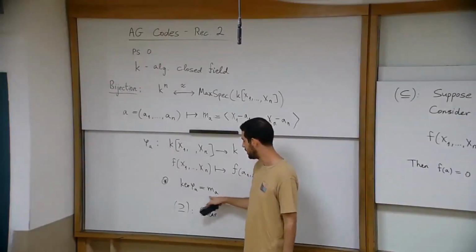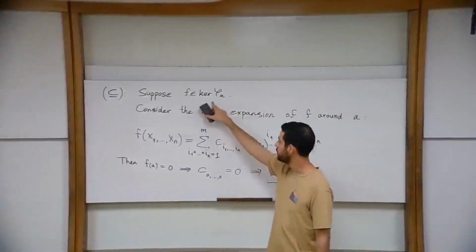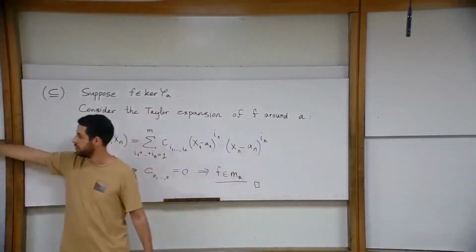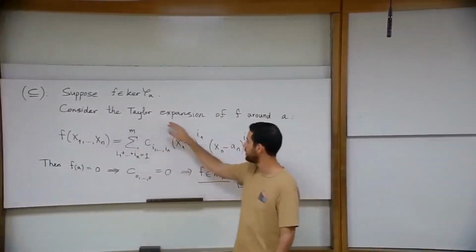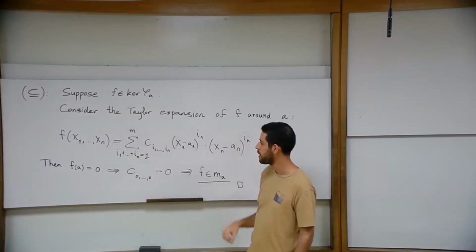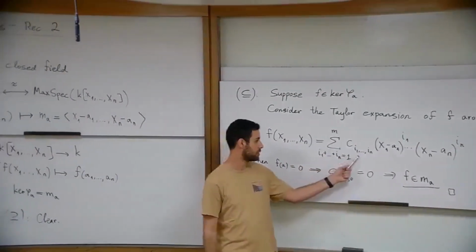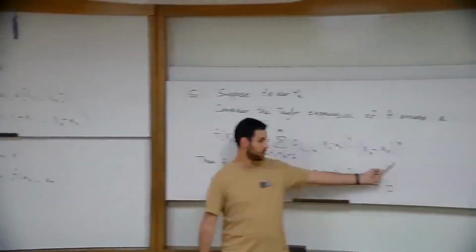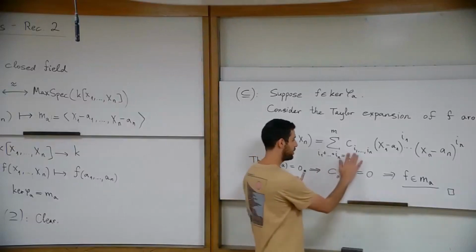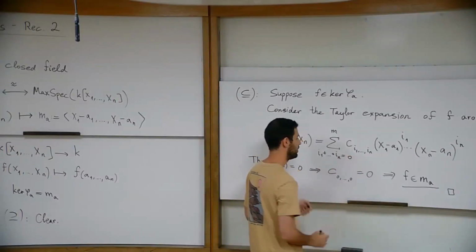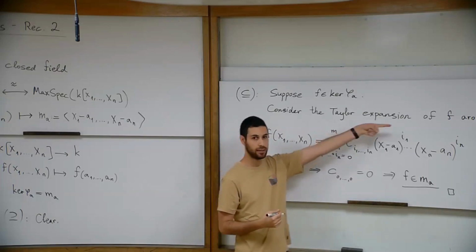For the opposite direction, suppose that f belongs to the kernel, we want to show that f belongs to the ideal M_A. For that, we can consider the Taylor expansion of f around the point A. We know that we can write f as a sum of some constant times this product, where the sum of the exponents runs from 0 to m, where m is the total degree of f.